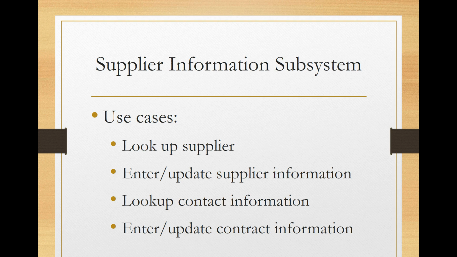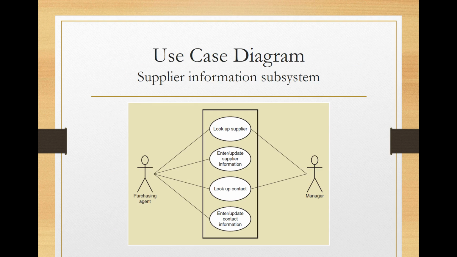But we know that we need a couple of things. We need to look up suppliers, enter data, look up contact information, enter and update contract information. By talking to those people, we may find out that maybe the most common thing we do really is look up suppliers. So that's where our home screen lands. Or we have some other preference.